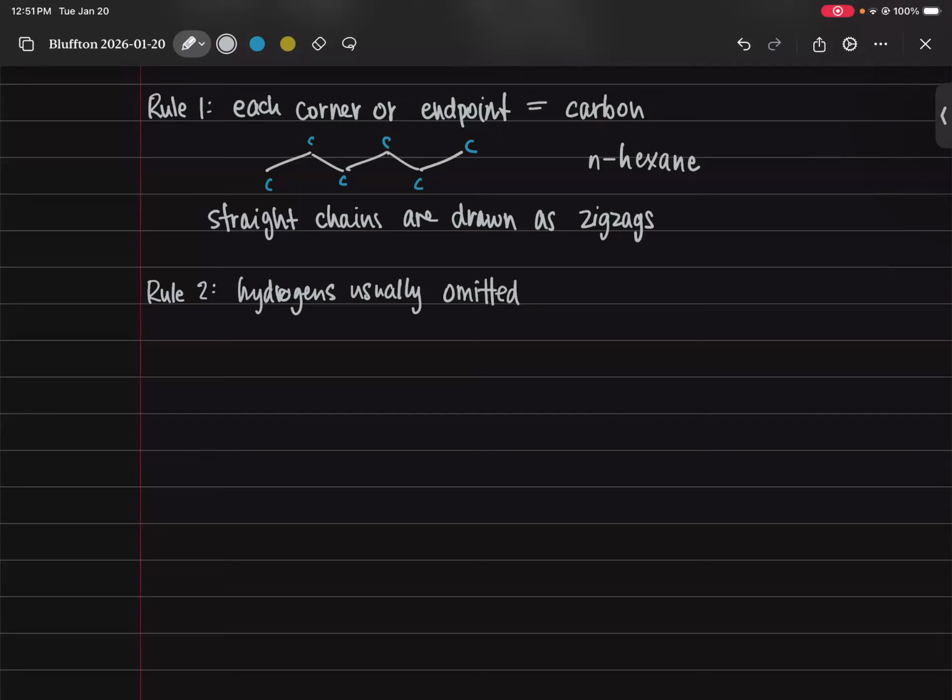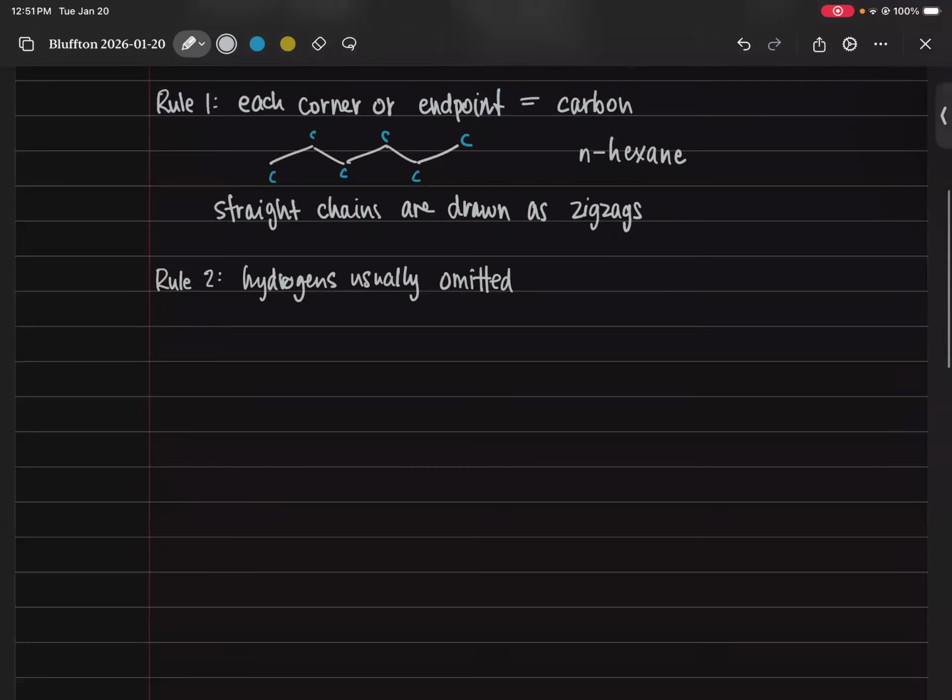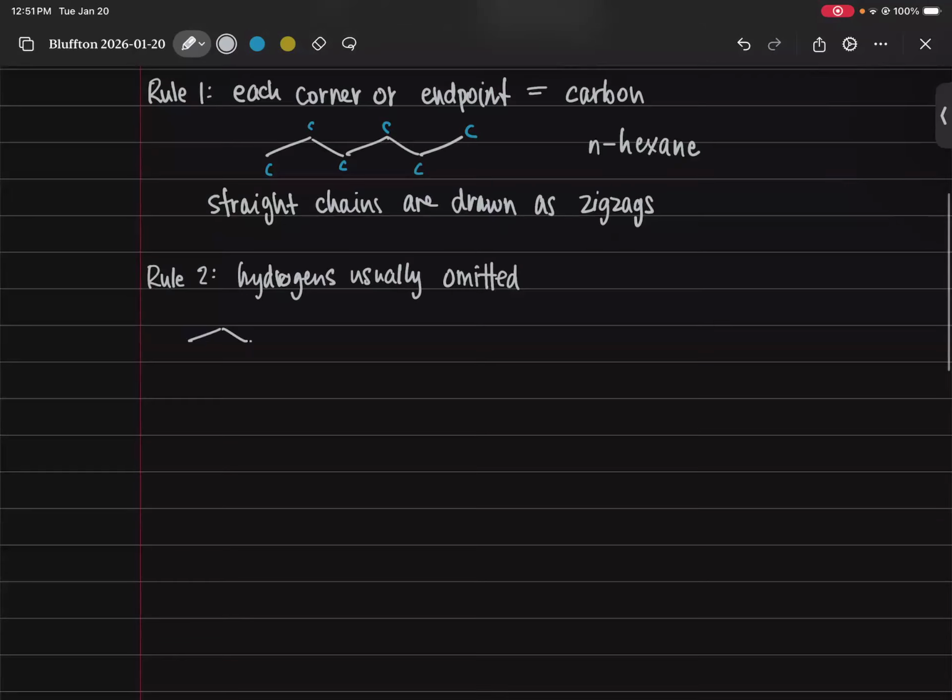We'll continue with our hexane example because it's easier than Valium. Hydrogens are usually omitted. So there's the structure of hexane with no hydrogens, but we can draw them all out.